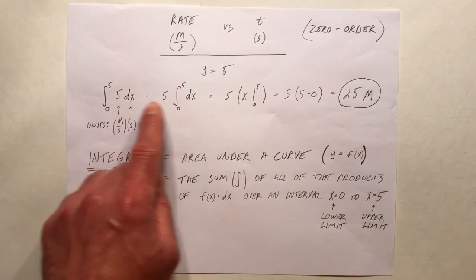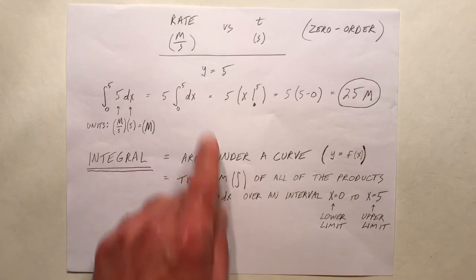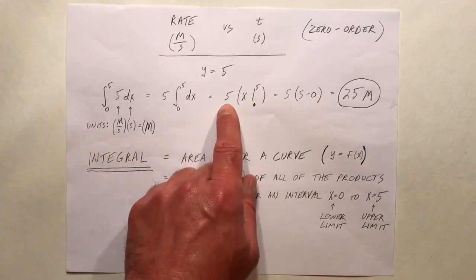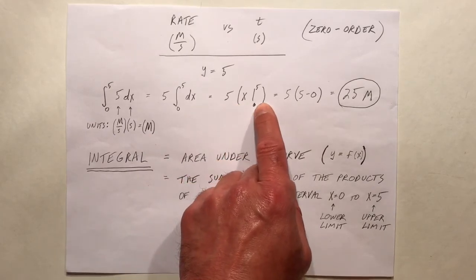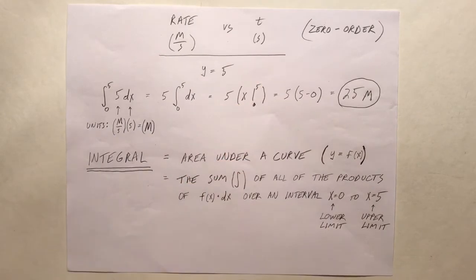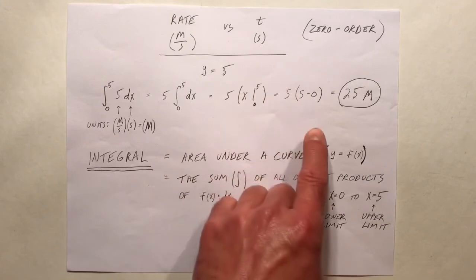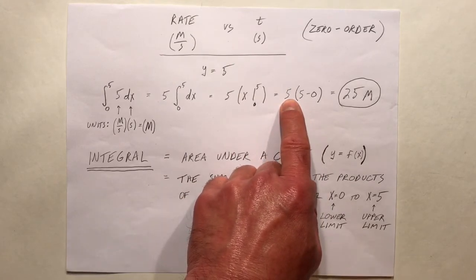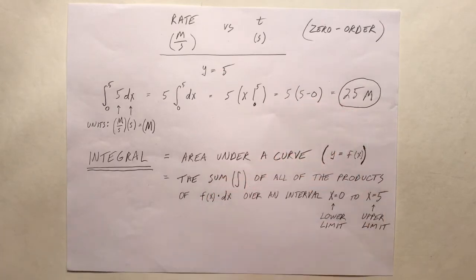So we can factor out the 5 and say we have the integral, that's the integral sign, from 0 to 5 of dx, which is equal to 5 multiplied by x from the lower limit of 0 to an upper limit of 5. So x at 0 is 0, x at 5 is 5. So 5 multiplied by 5 minus 0 is 25.